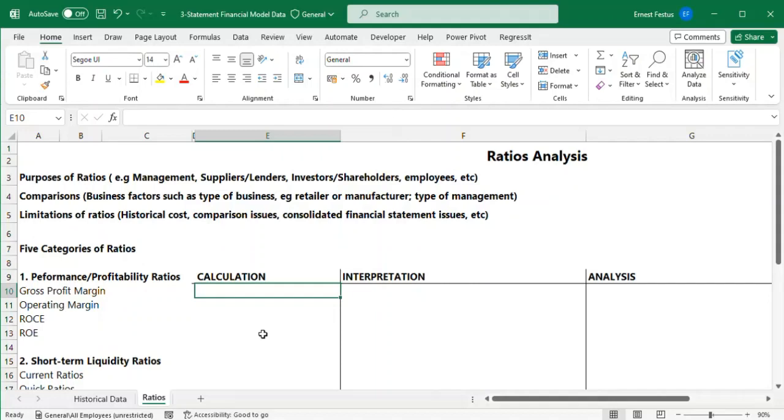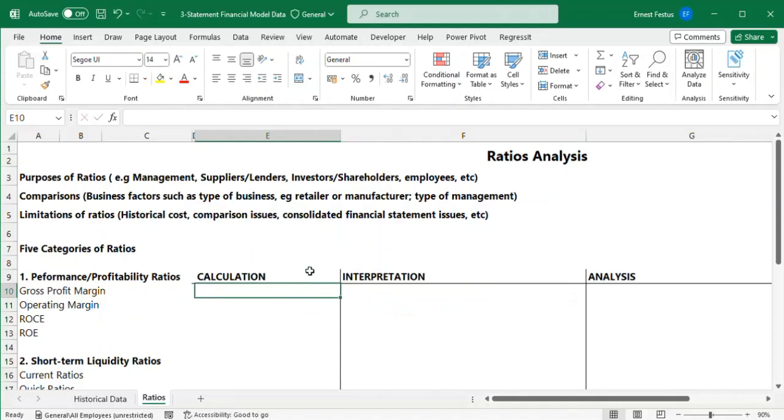For instance, where the sub has a very high gearing ratio, whilst the parent is having a very good gearing ratio, in the consolidated financial statements, because the parent obviously has a higher control over the sub, its gearing ratio will overshadow that of the sub, and so that can be problematic in ratio analysis and interpretation.